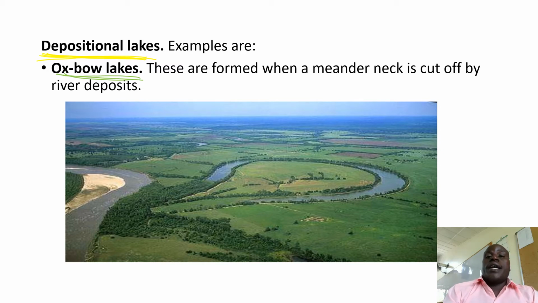They are formed when a meander neck is cut off by river deposits. You can look at the diagram.